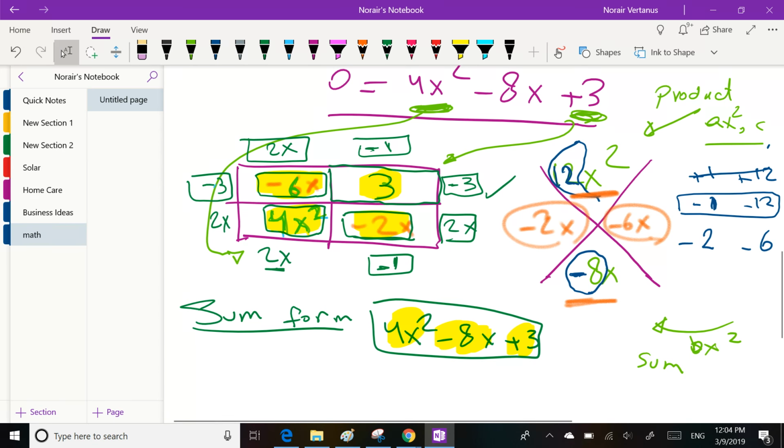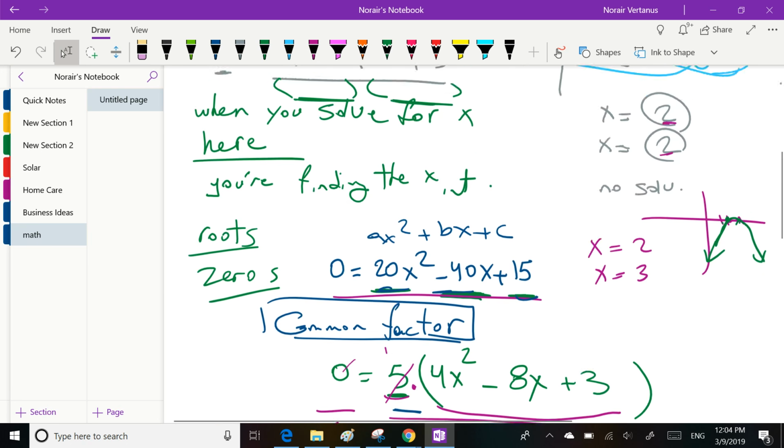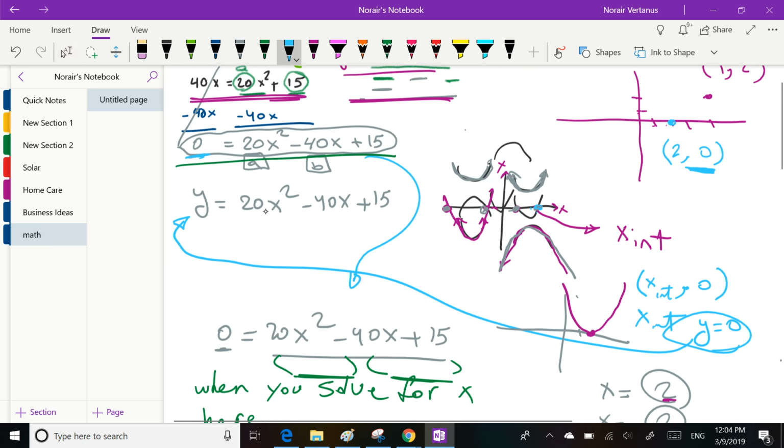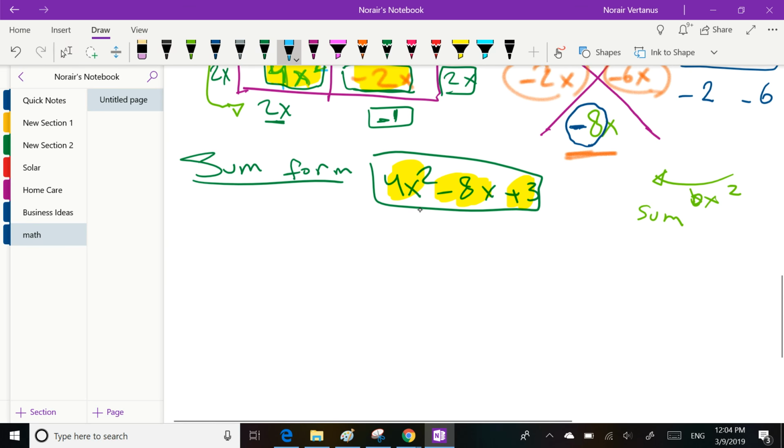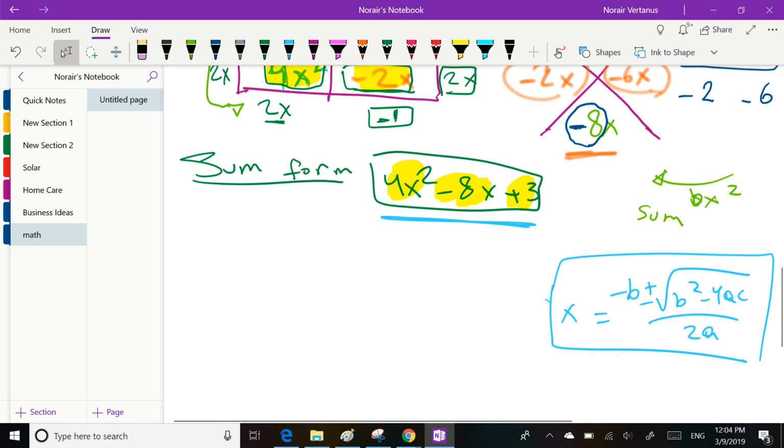But our purpose is to find the x-intercept. Let's go back. Our purpose is to find the x-intercept of this problem, right? So we cannot use the sum form to find x-intercepts unless you use the quadratic formula and other methods: negative b plus or minus the square root of b squared minus 4ac, over 2a, to solve for x.